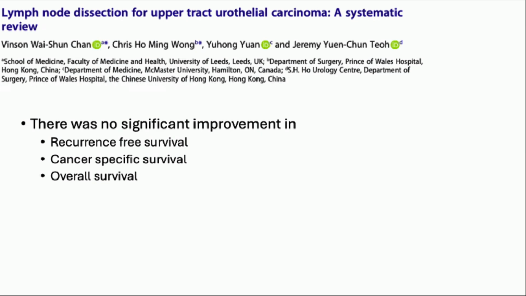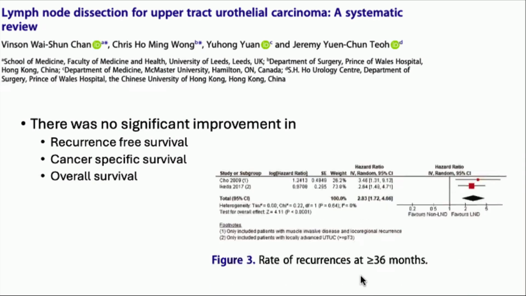When we try to look at the evidence to support lymph node dissection, some of the evidence comes from this meta-analysis looking largely at retrospective data. Now, overall, looking at the four studies that reported on recurrence-free survival, as well as cancer-specific survival and overall survival, there was no significant improvement in patients who received lymph node dissection for upper tract urothelial carcinoma.